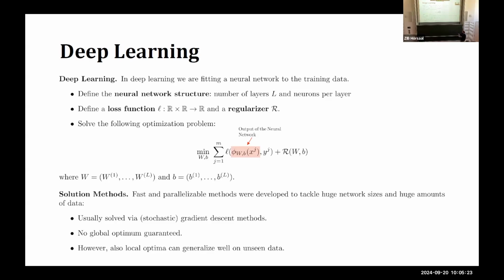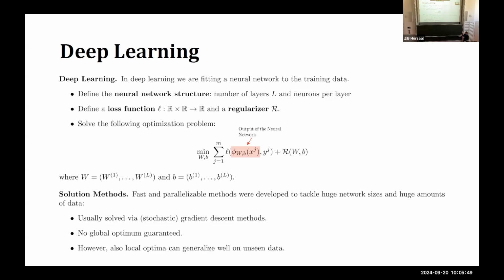And then you're solving this optimization problem, which we also saw in the first talk. So you're minimizing a loss. What you see here is the outcome of your neural network. The W and the b mean these are the weights of the neural network which you try to find, so you're optimizing over W and b. And you want the loss between what your neural network is predicting and the true outcome on your data to be small, right?